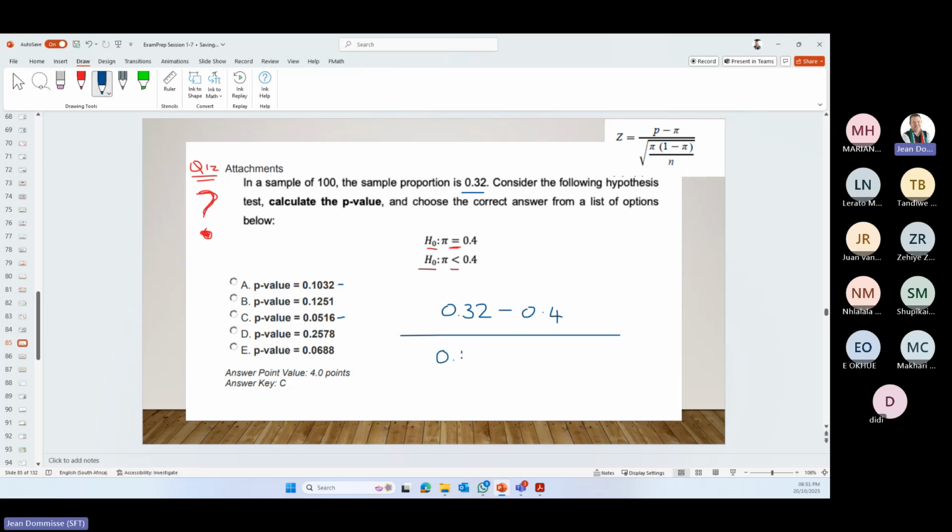Please tell me if I'm making a mistake somewhere, because this feels to me that I am. 0.03 minus that.